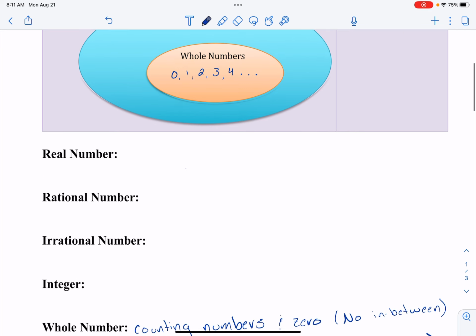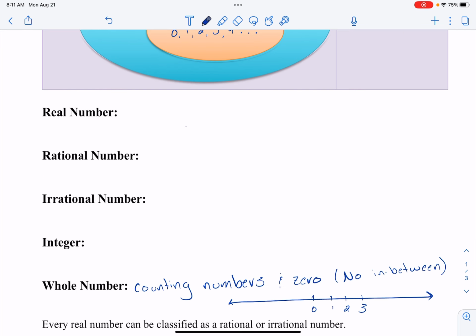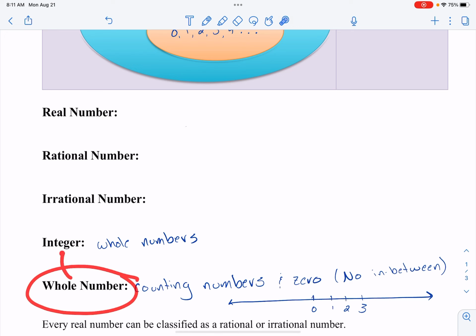Okay, the next is we're going to go into the integers. The integers are the set of whole numbers. So basically, all of these whole numbers are also in this integer group. So the whole numbers and their opposites.